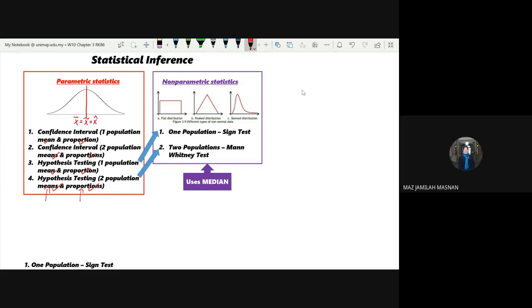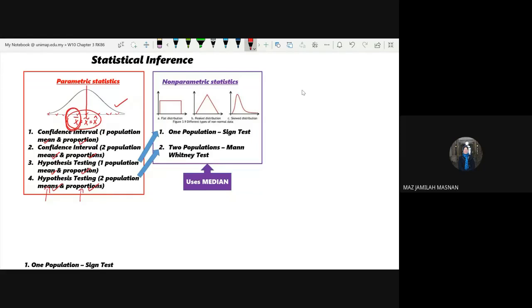We assume this will be the case when we have a normal distribution. That's why we choose the mean, because out of the three measures, mean, median, and mode, the mean represents the whole data set.